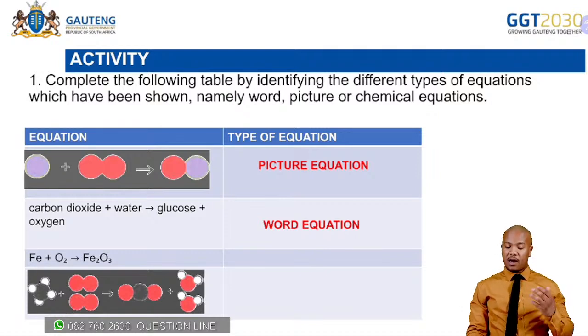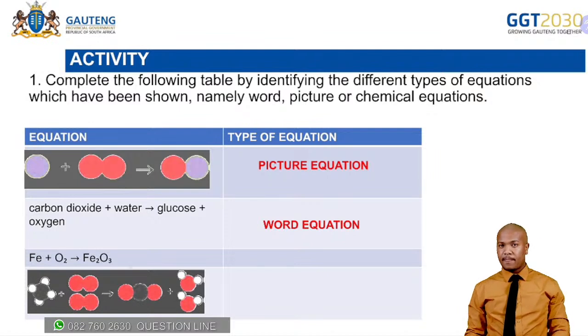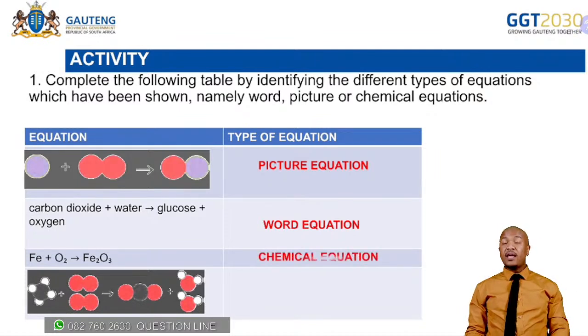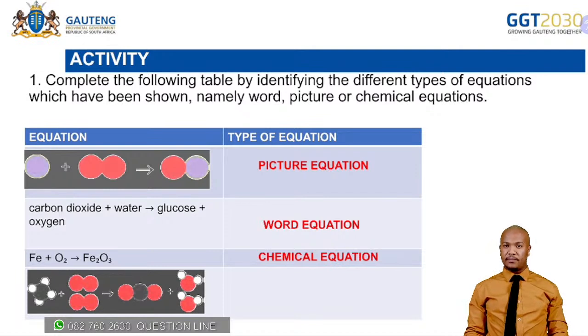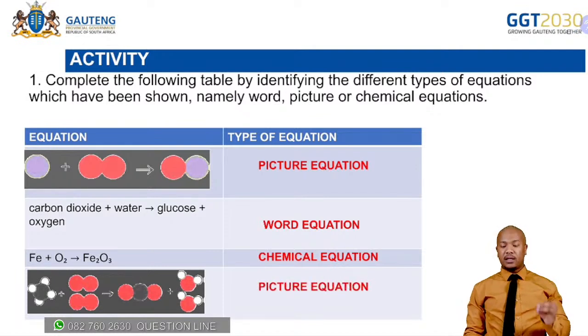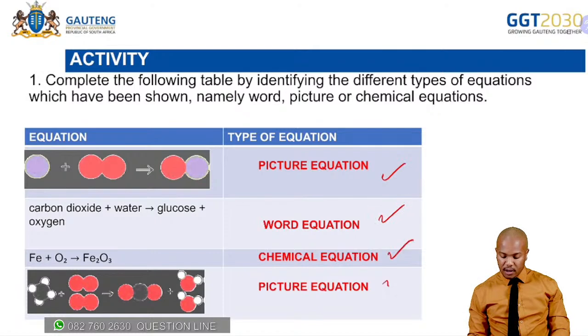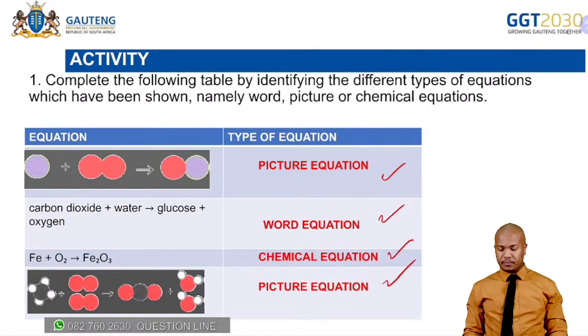Carbon dioxide plus water is equals to glucose plus oxygen. The third one, it is what? A chemical equation because we used symbols to represent this equation. And the last one is also what? A picture equation. So mark yourself correct for your answers. Moving on.